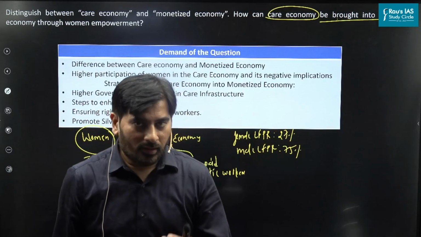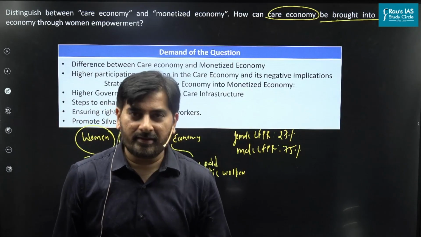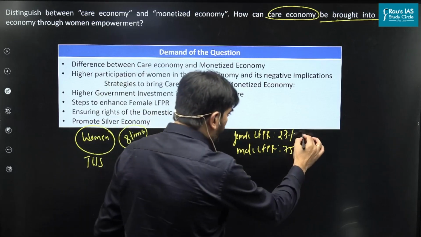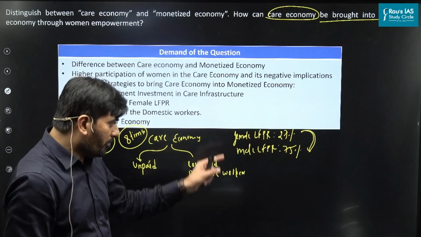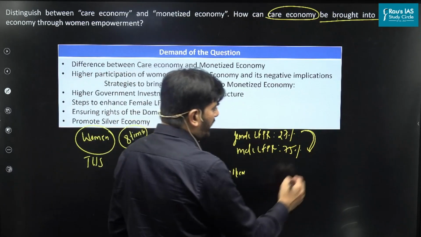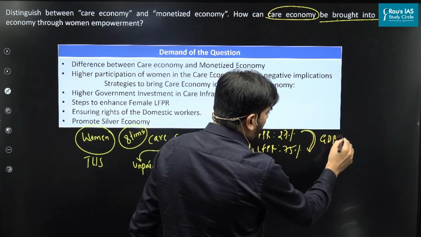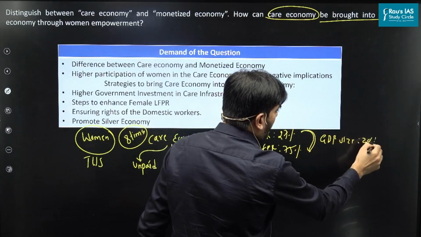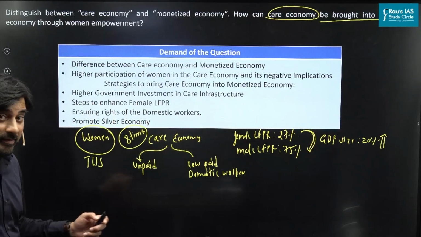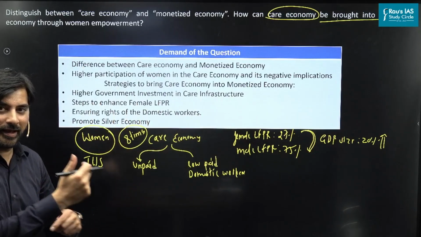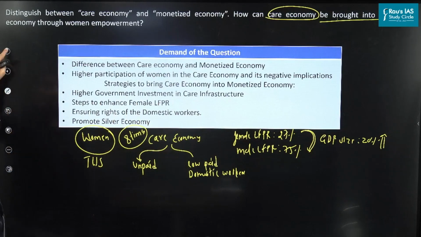According to international organizations, if female labor force participation rate increases to match male labor force participation rate, India's GDP size could well increase by 20%. This is the significance of bringing the care economy into monetized economy.